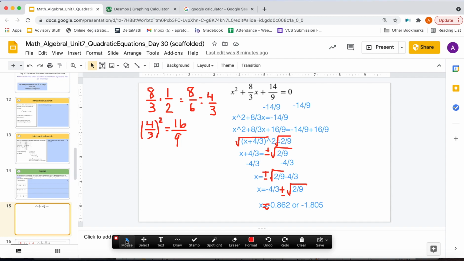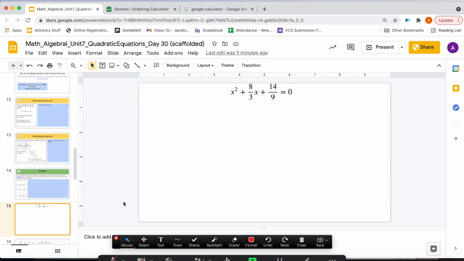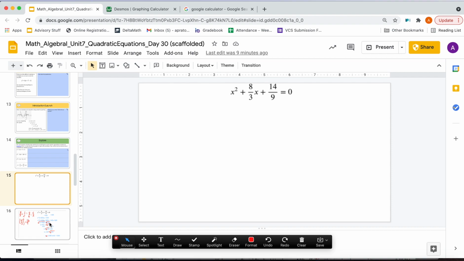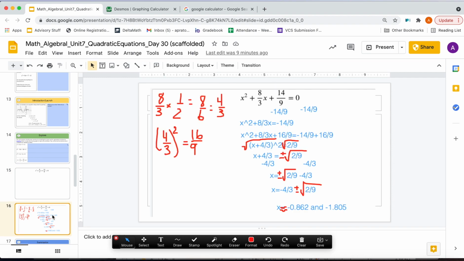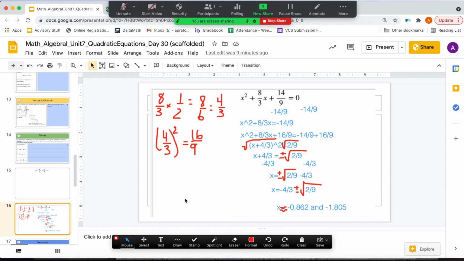Now that I have my two approximate solutions and I solved this, I'm going to go ahead and graph it and see if my approximate solutions match on the graph. So I'm going to clear all my drawings. And I'm going to hop down to the next slide because I have those same drawings right here for us to view. There's our answers. So I'm going to hop to the graphing calculator.